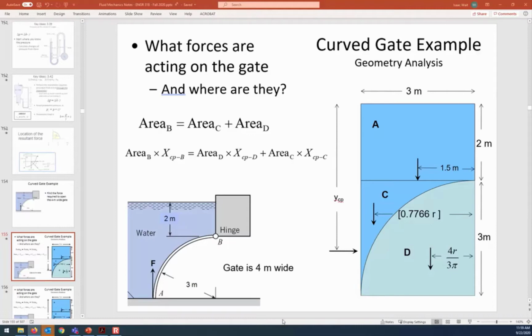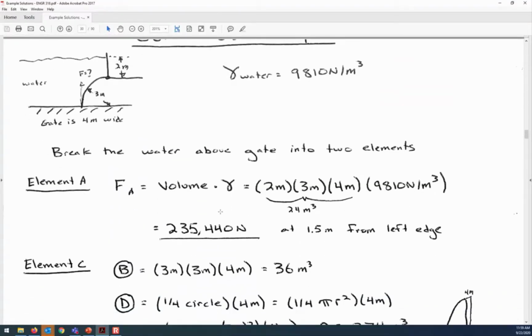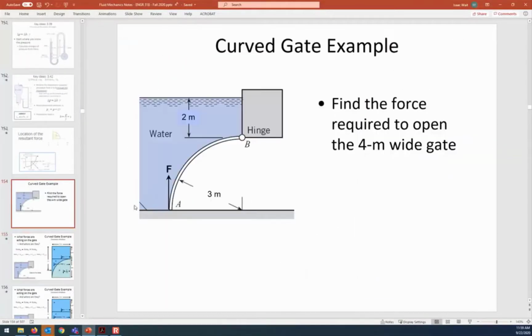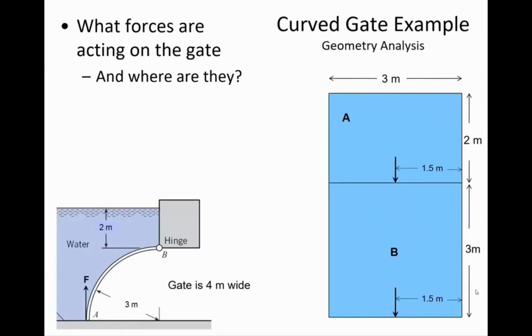Let me show you the solution for that part. Okay, so I'm dividing what I previously was calling, let me just do the animation here. All right, so object B is 3 by 3, right? So it's 3 meters tall, 3 meters wide. I split it up into its two constituent pieces.